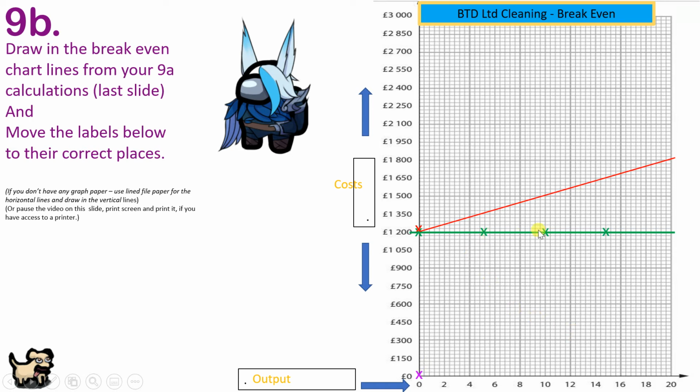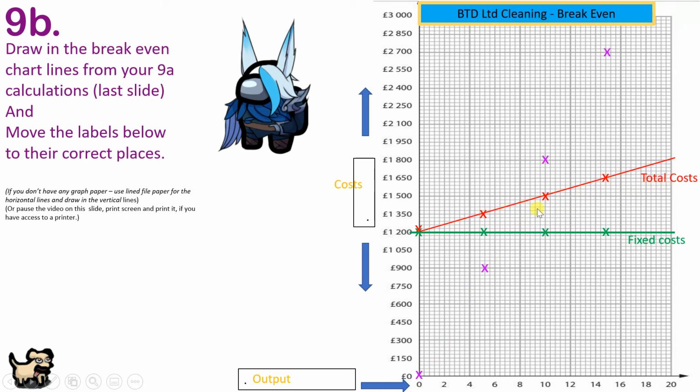So here are the marks for fixed cost at 5 houses, 10 houses and 15 houses, giving a fixed cost line looking like this. Here are the points for total costs, so we've got an additional one at 5 houses, 1,350, 10 houses 1,500 and 15 houses 1,650, giving a total cost line looking like this.